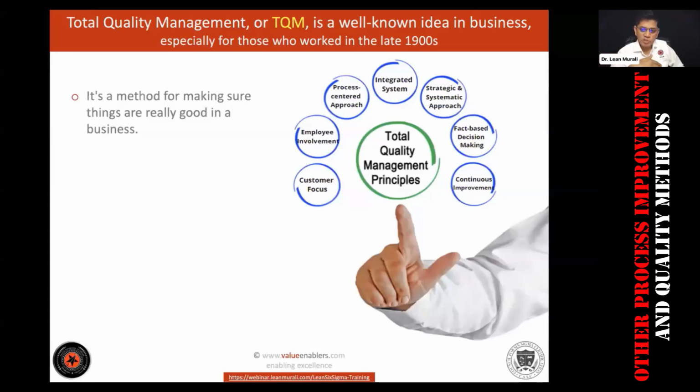From quality inspection, you move to quality control, to quality assurance, to quality management, and finally to TQM. Can somebody type all that? QI, QC, QA, QM, and TQM. Great. How many of you have written it in the notes? Quality inspection to quality control to quality assurance to quality management to total quality management.